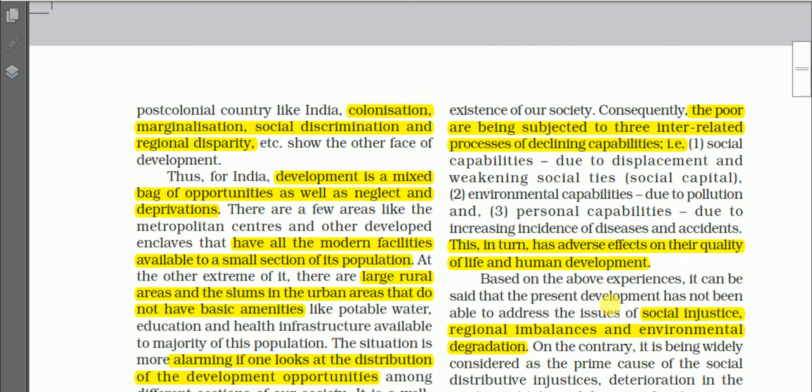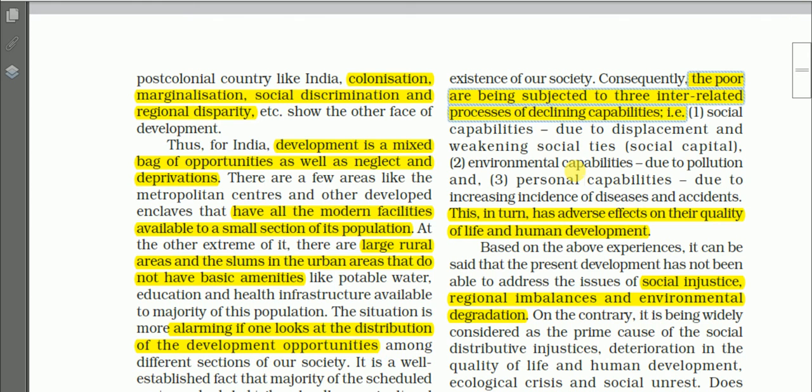And consequently, the poor in India are being subjected to three interrelated processes of declining capabilities. The capabilities of these poor people have been declining.